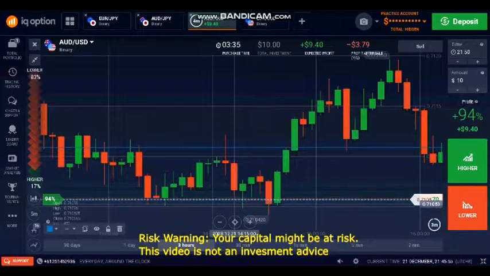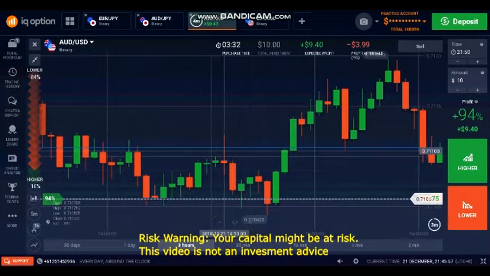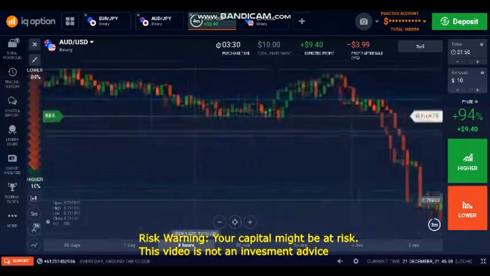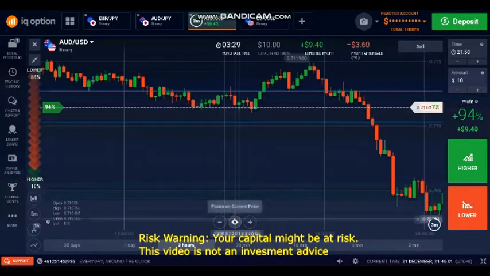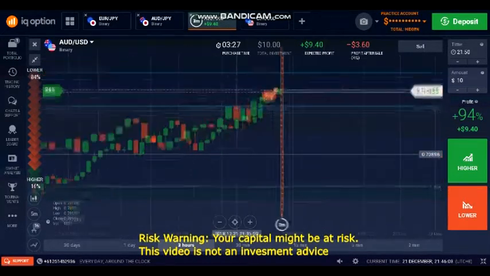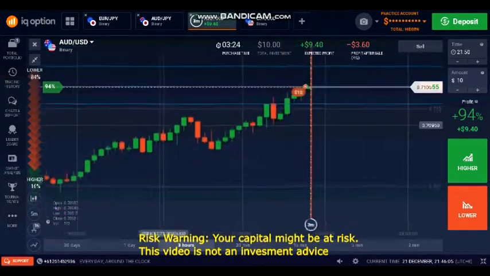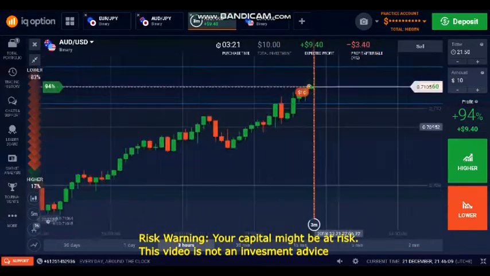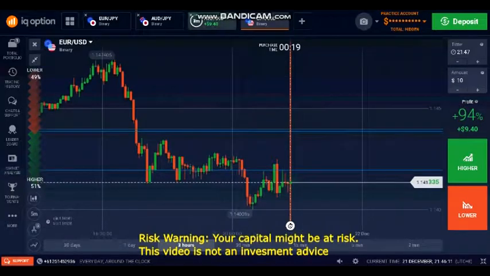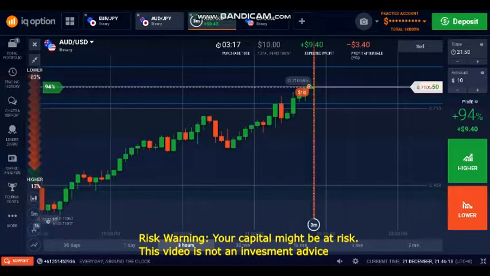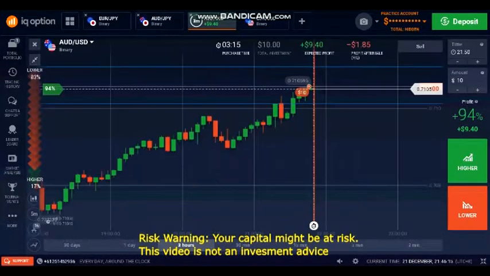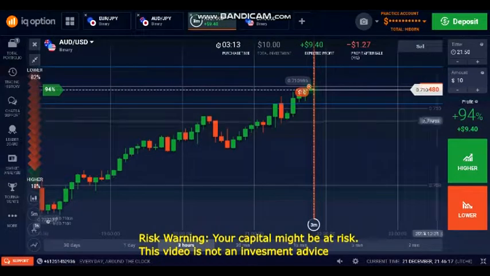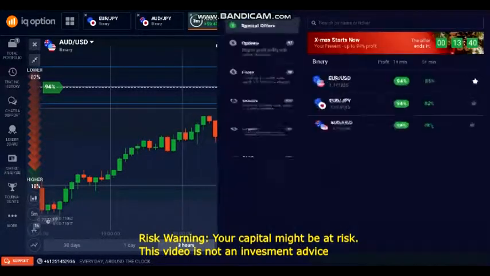Yep, I think I've drawn the line correctly. I'm pretty sure that this trade is going to win. Let's just wait for the candle to finish. Okay, let us see if there's any other opportunity over here.